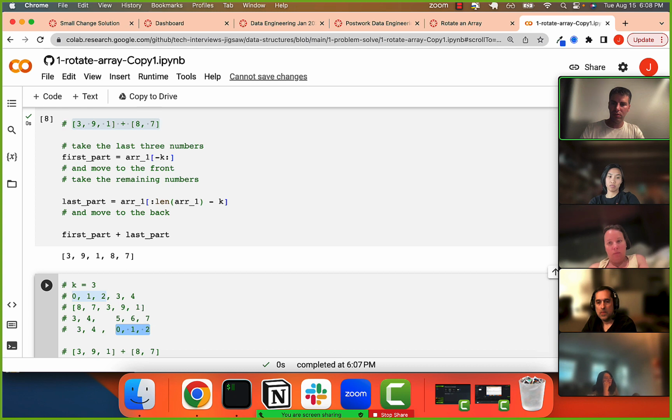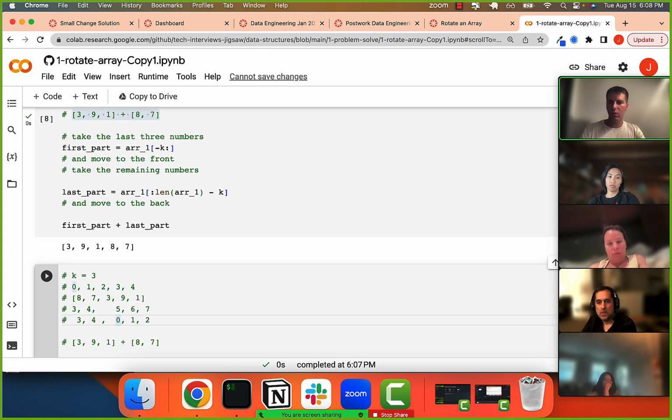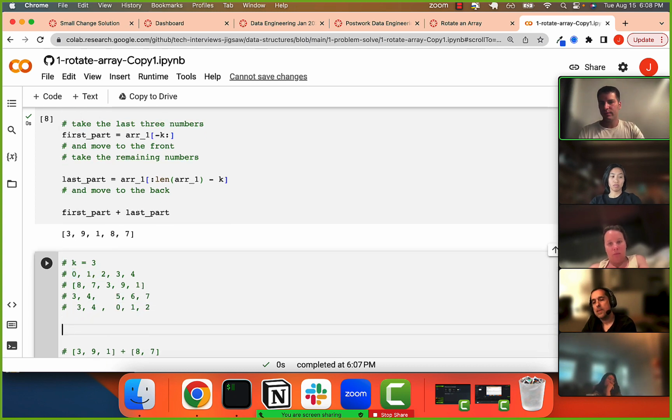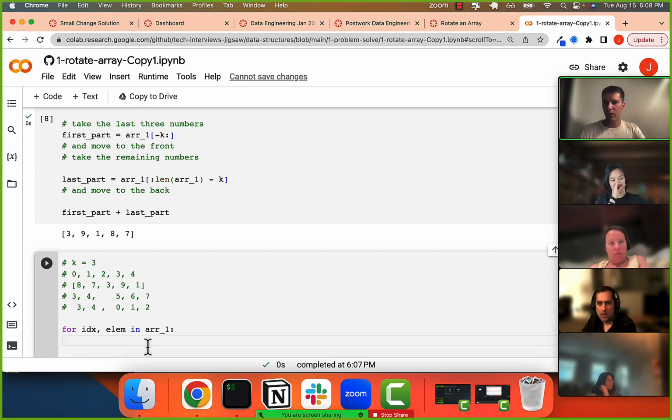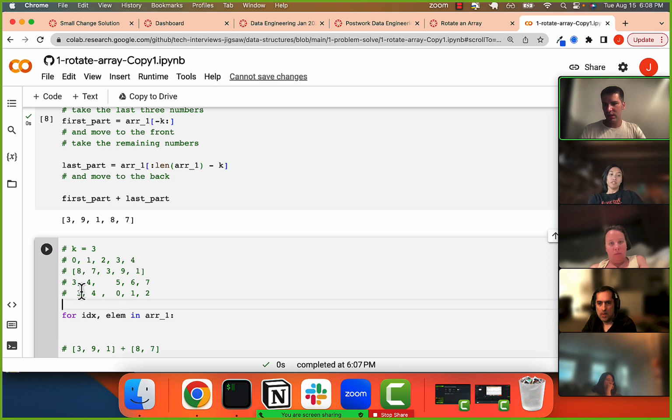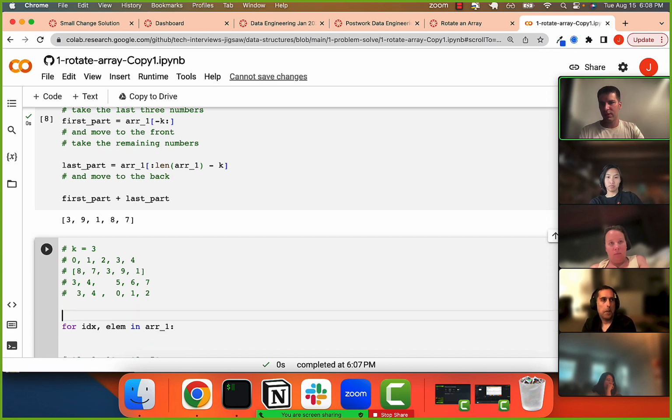0, 1, 2. So it's like, for index, comma element, in the list of elements. What do we call it? Array 1. What we want to do is give myself a new list, return list.